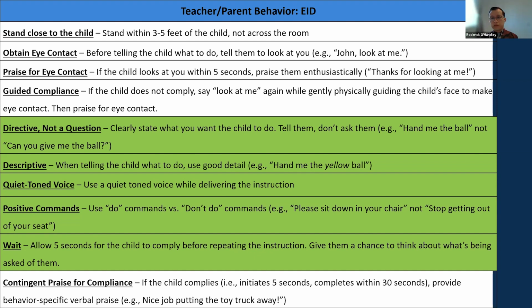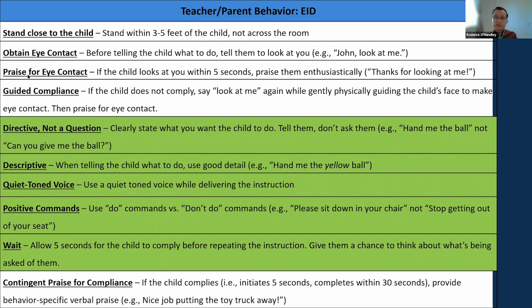You're ensuring that you have their attention and that they're ready to listen to your actual target instruction that comes next. Then when they follow through, you can offer them some praise, right? "Hey, thanks for listening to me." This would look like, "Hey, John, look at me. Thanks for looking at me. Pick up your toys, put them in the red toy bin." That's essentially what this whole thing would look like in combination.